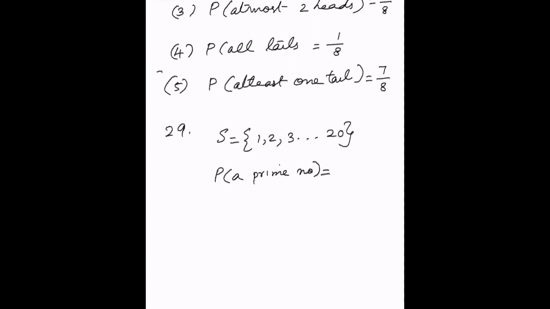Yes. So which are the prime numbers here? 2, 3, 5, 7, 11, 13, 17, 19. So I am getting 8 prime numbers. So 8 by 20.